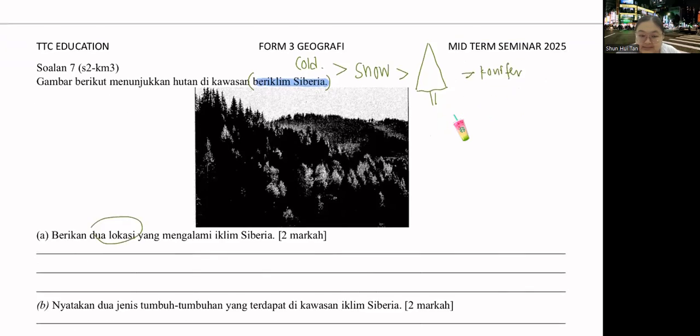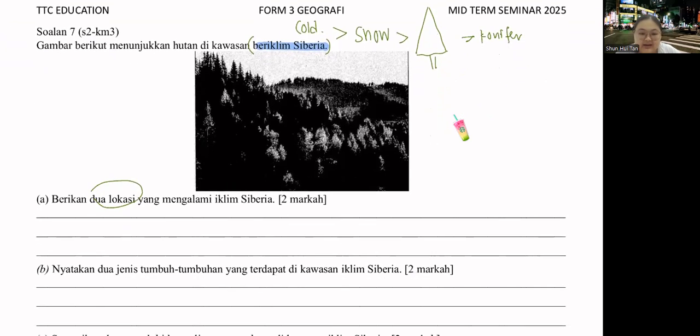And where can we find conifer? Two lokasi. What is the location for conifer? Be detailed a little bit. This answer is a bit crazy. I don't think your teacher will accept it. Russia, which part of Russia?